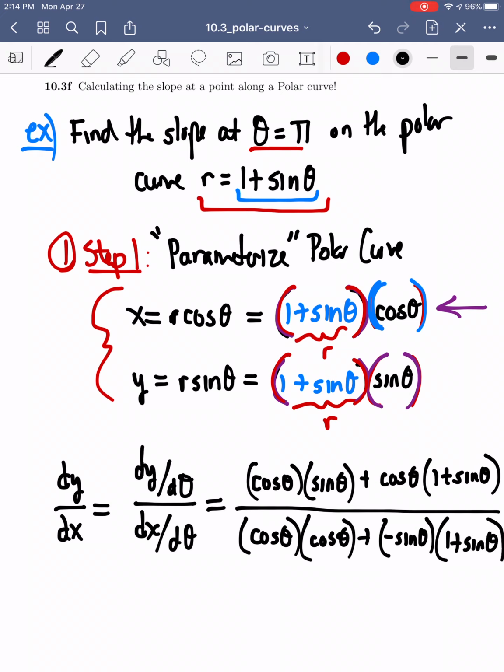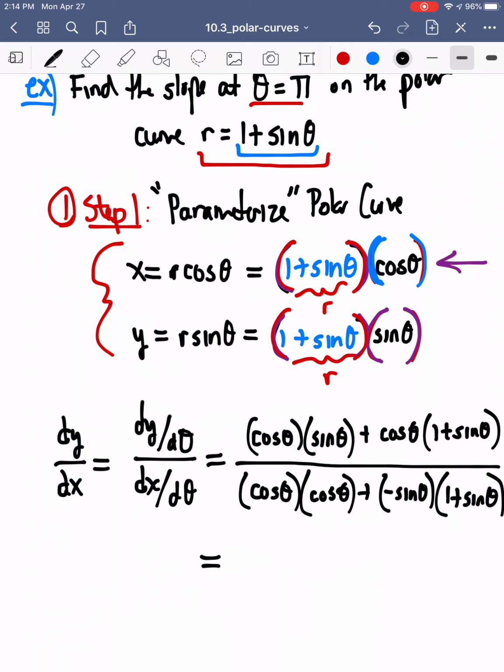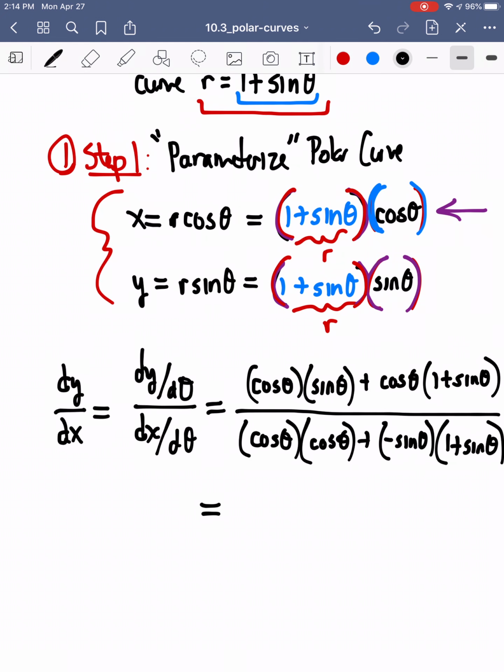And that is our slope. And again, this slope is dy/dx, rise over run, but it's all in terms of that parameter. In this case, it's the parameter theta. So we can go ahead and simplify just a little bit. In that numerator, after a lot of simplification, we get 2 sine theta cosine theta plus cosine theta.